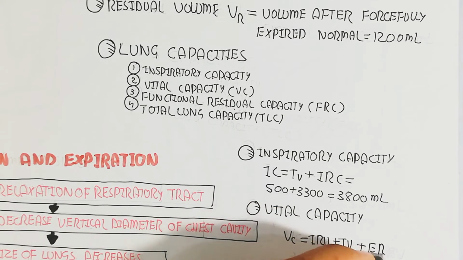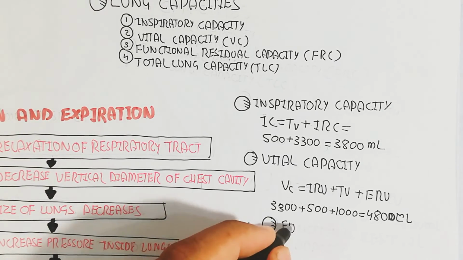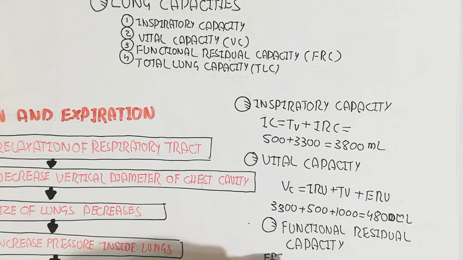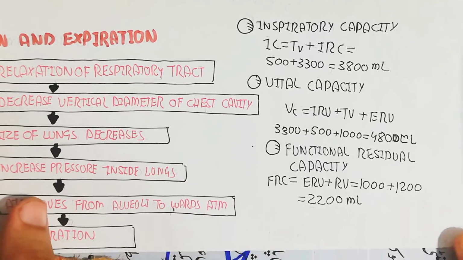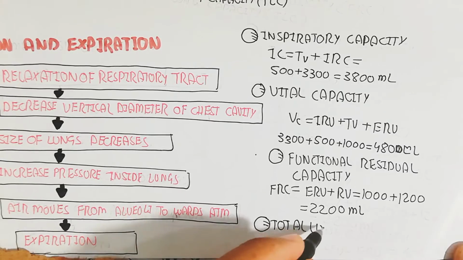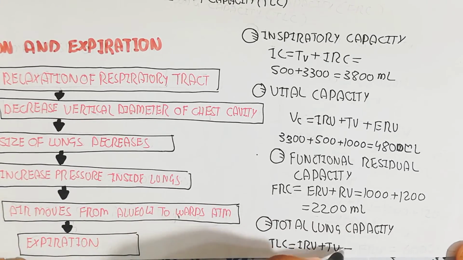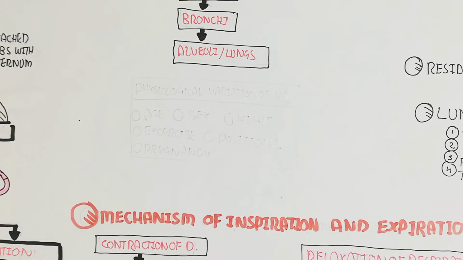The vital capacity, VC, is equal to IRV plus TV plus ERV, which is 4800 ml. The functional residual capacity is ERV plus RV. So the total lung capacity is 6000 ml.